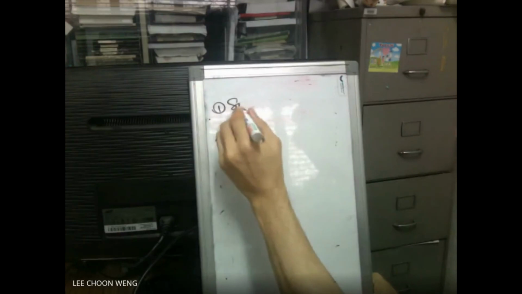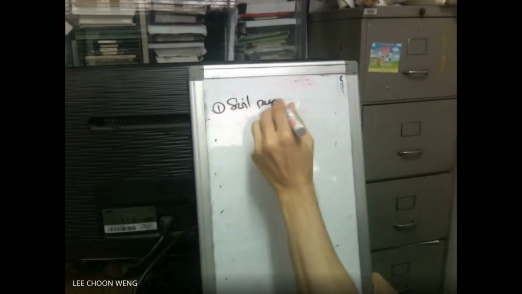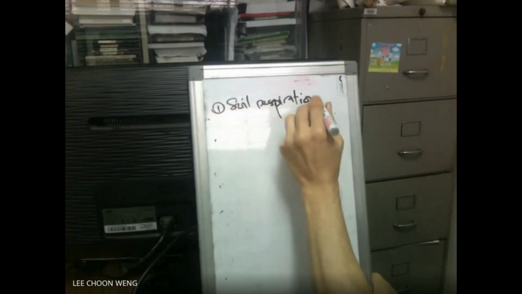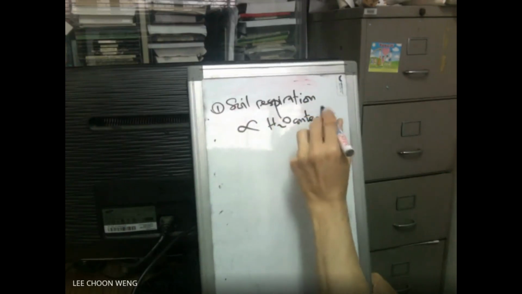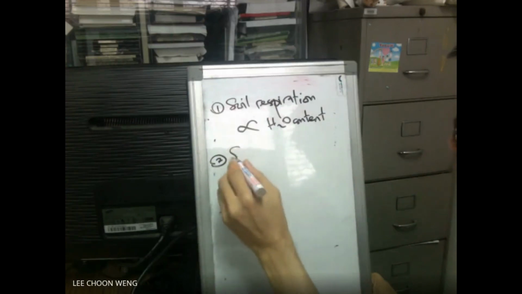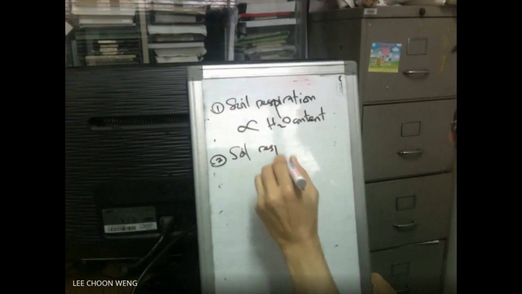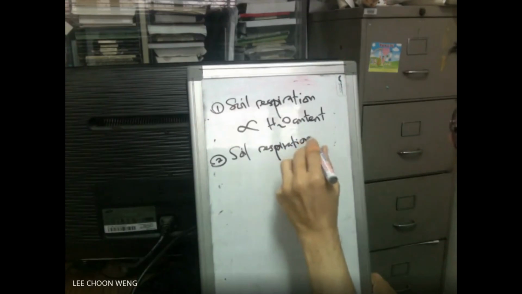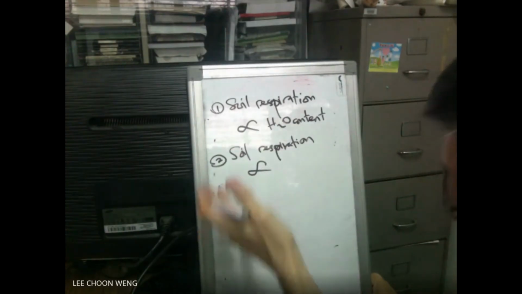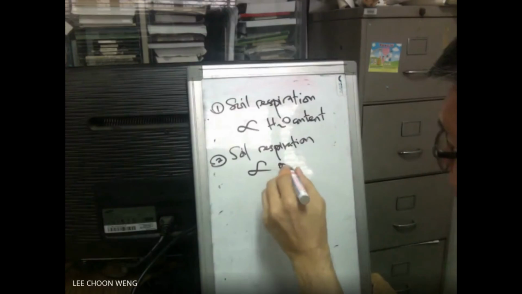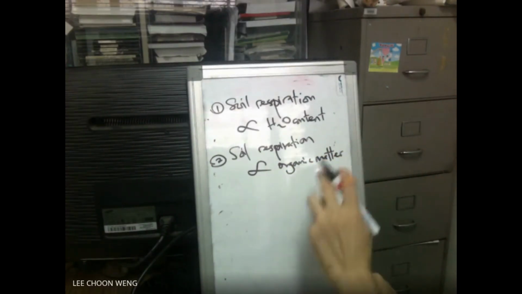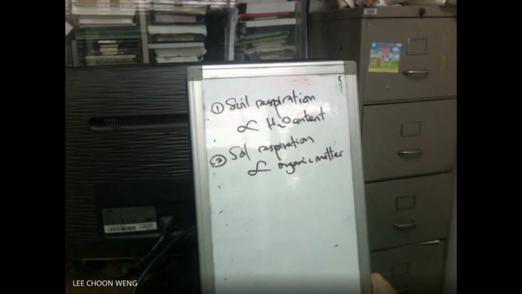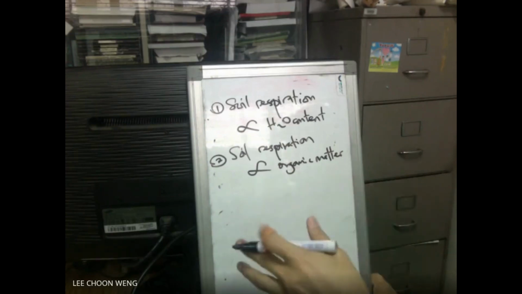Does the soil respiration relate to water content? Does the soil respiration increase as organic matter in the soil increases? So these are the hypotheses that we can test from the results.